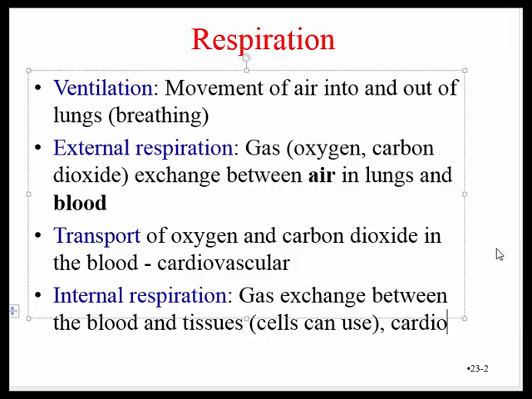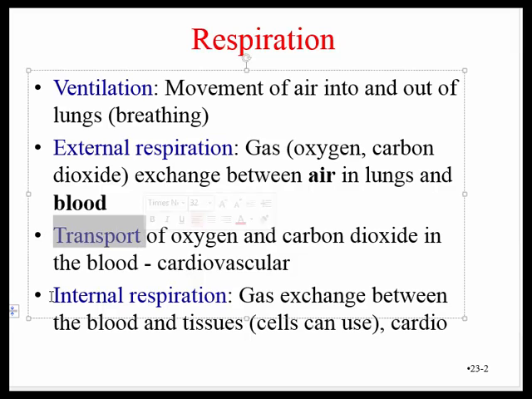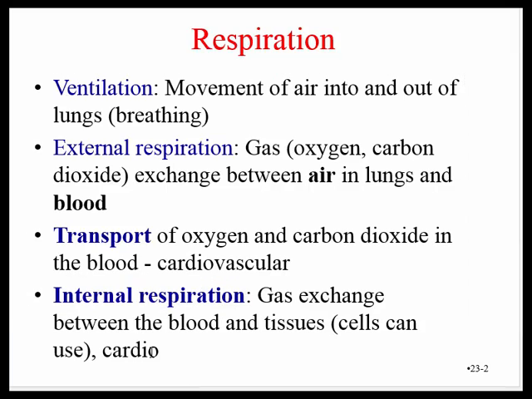So basically what we see here is that one can't exist without the other. The transport and the internal respiration have more to do with the cardiovascular system because it's the blood, but the blood can't be oxygenated without the respiratory system. So that's how they both go hand in hand.